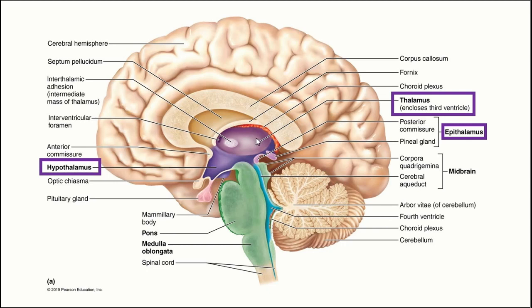We have the thalamus, which is located superiorly. It's kind of this egg or oval shaped structure that you see here. We have the hypothalamus, which is this triangular shaped region that's located anteriorly and inferiorly of the thalamus. And just behind or just posterior to the thalamus, we have what's called the epithalamus, which are these kind of light purple structures that you see here. And these are located posteriorly and inferiorly to the thalamus.